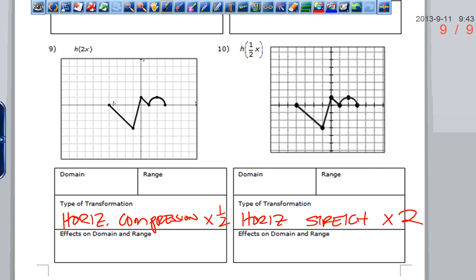So on this picture, instead of being at -4, now it's going to be at -2. Instead of being at -1, now it's at -0.5. My 0 one didn't change at all, and everything else.